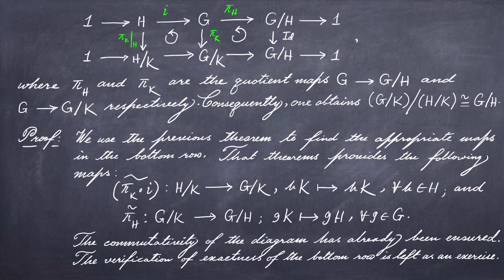So what do we have? We have two normal subgroups H and K of G, and H is further a subgroup of K. In that situation, for both H and K, we have the corresponding short exact sequences.